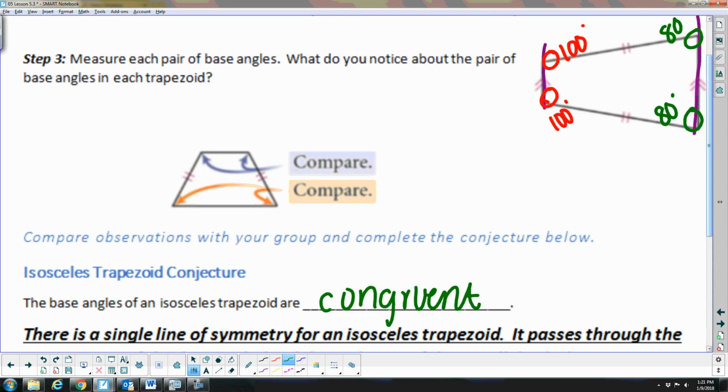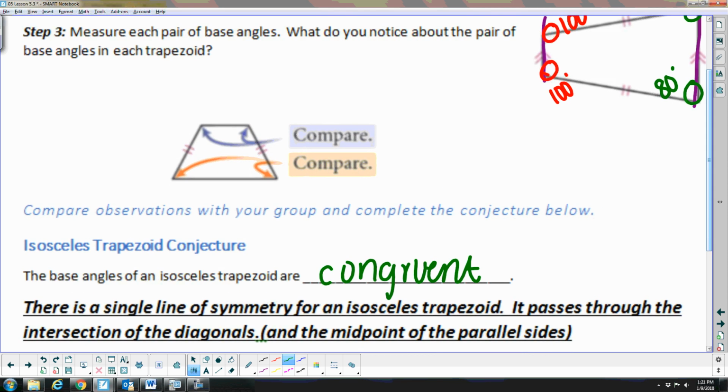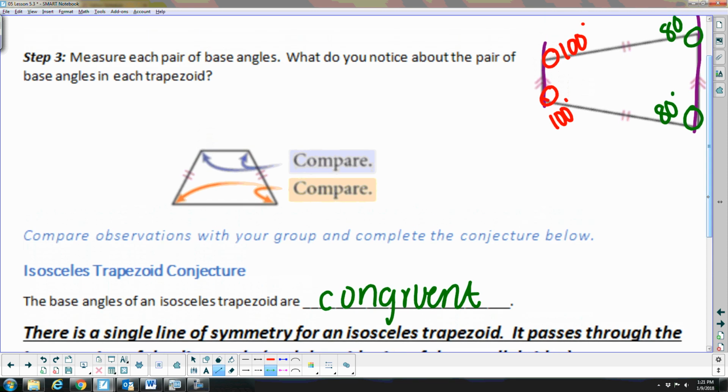So in an isosceles trapezoid, there's a single line of symmetry, and it passes through the intersection of the diagonals. So if I were to draw these diagonals, my line of symmetry would go through this point.